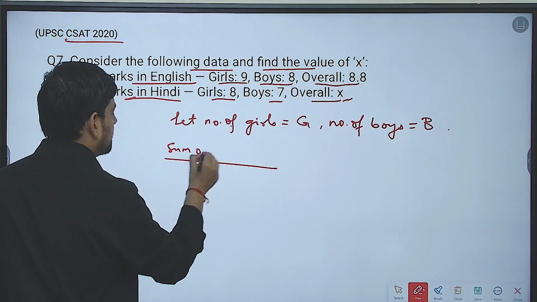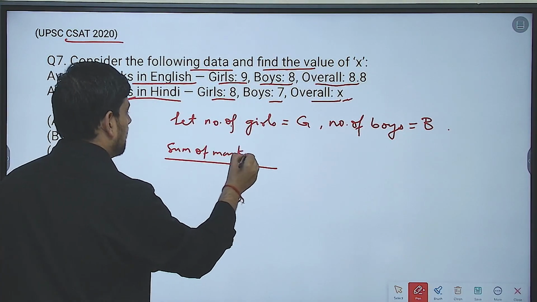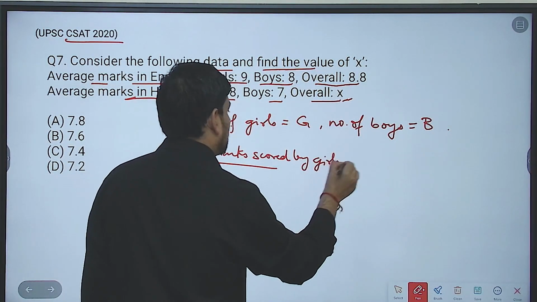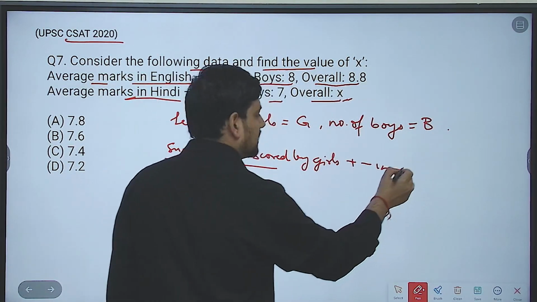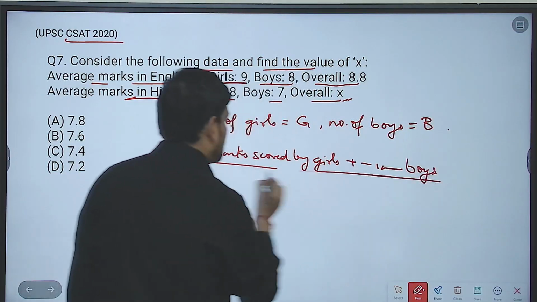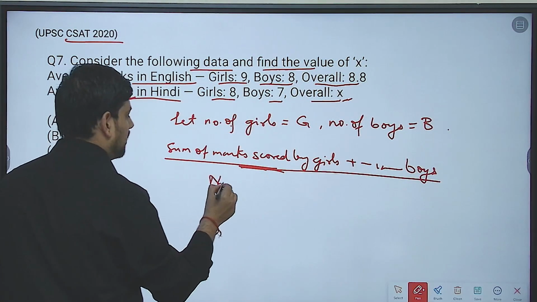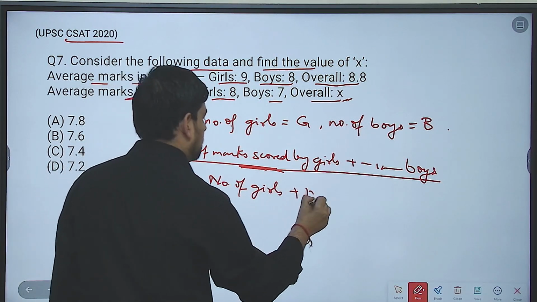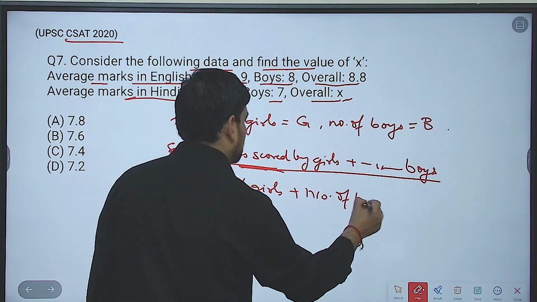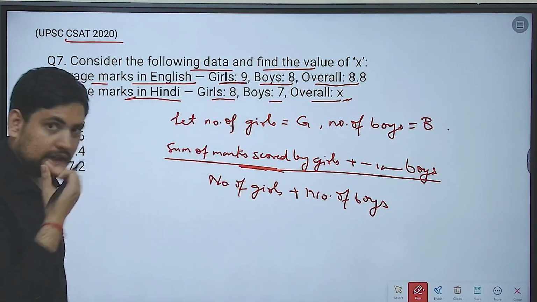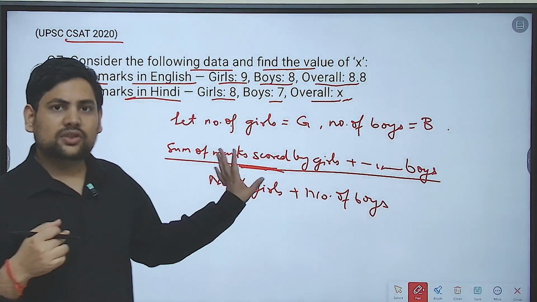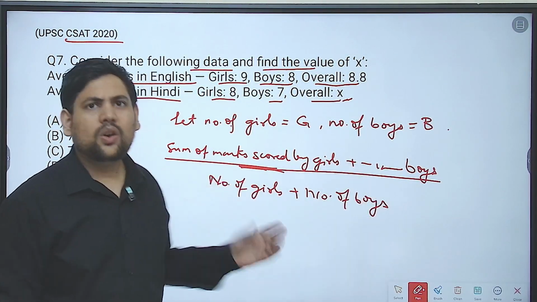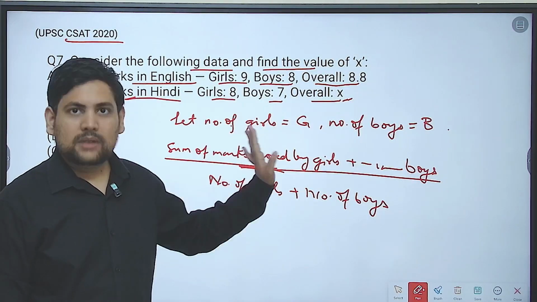Here you should get sum of marks scored by girls plus sum of marks scored by boys divided by number of girls plus number of boys, correct? This will give you the average of the whole class in English or in Hindi, whatever numbers you are using.